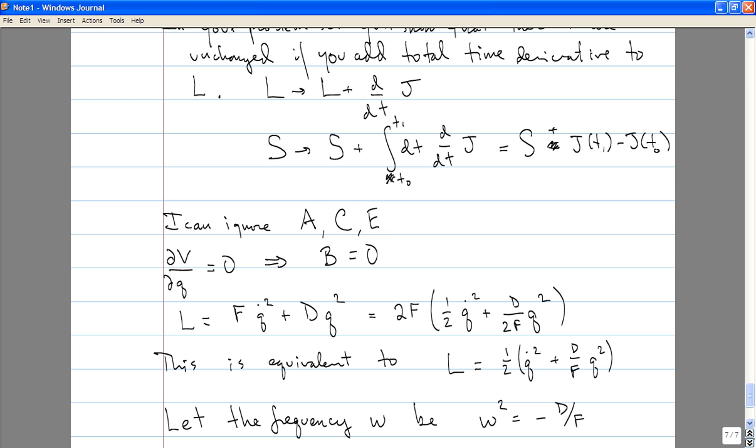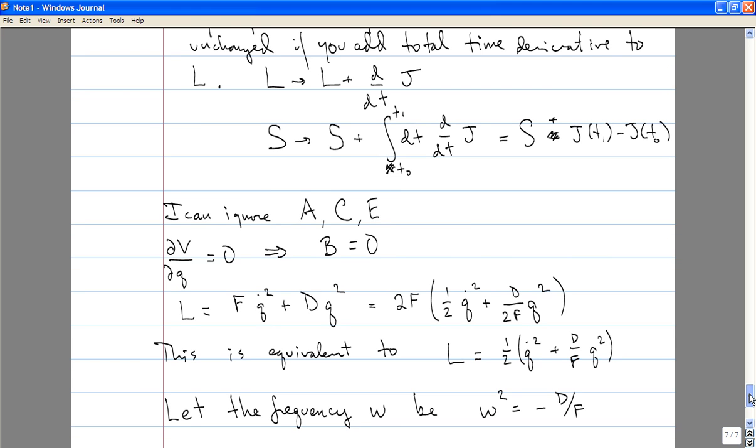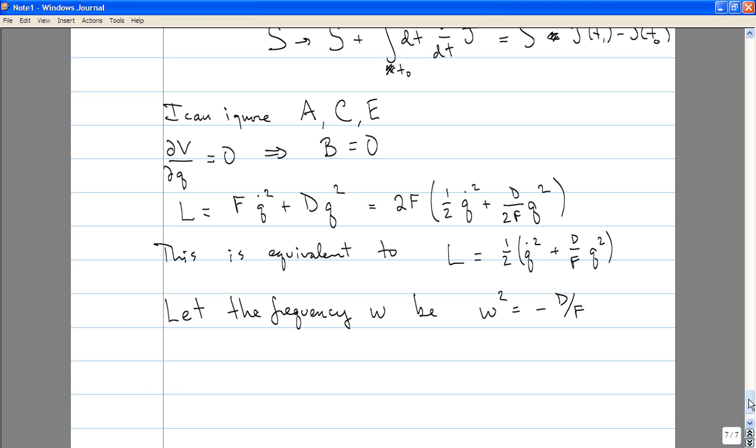And so without any further ado, we can write down the equations of motion of the system. And what are the equations of motion? Well, we have d by dt of the derivative of the Lagrangian with respect to q dot, which gives us q double dot.